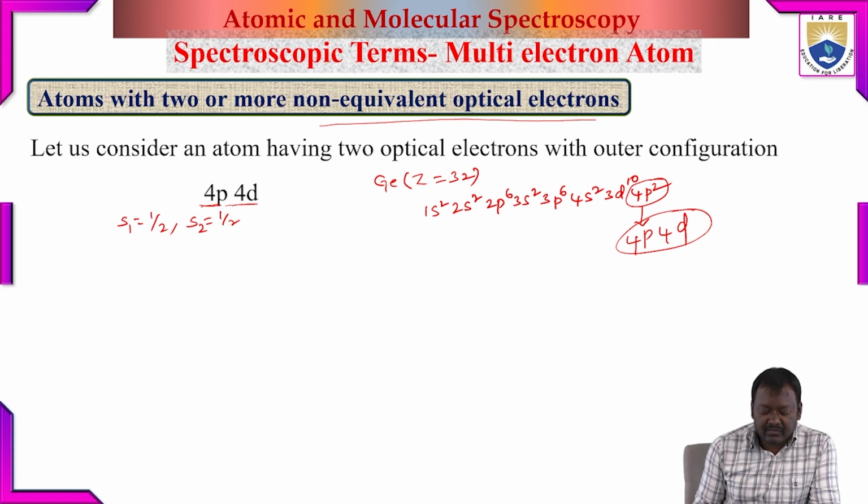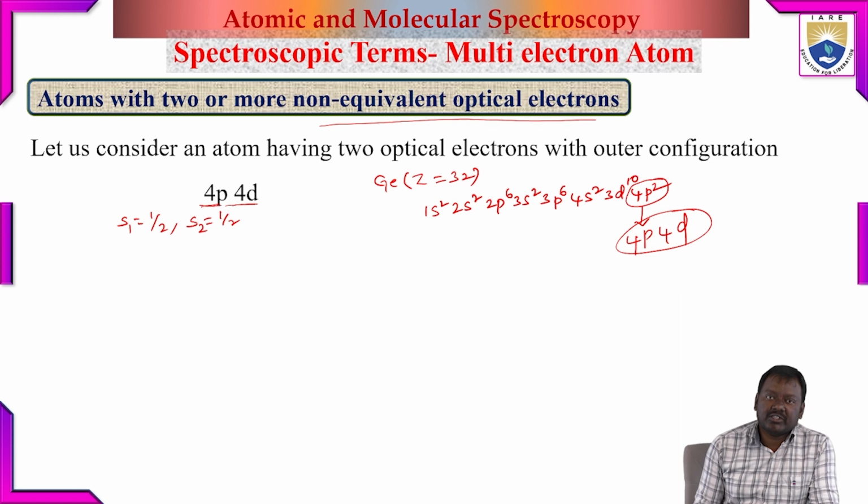Here we must remember that the electron spin correlation comes first whenever we consider LS coupling. Generally, for lighter atoms, with lower atomic number, we must go through LS coupling.